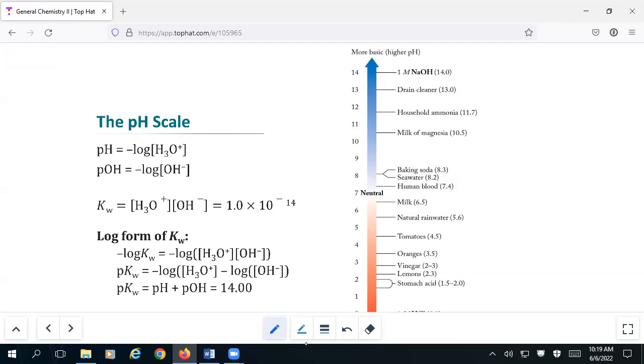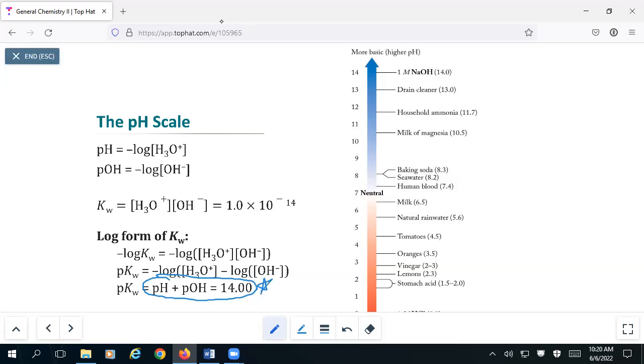If I break out the logarithms, this is how I get the pH plus pOH is equal to 14. This is how I get there. So this is more or less the algebraic breakdown that ends up with this equation.